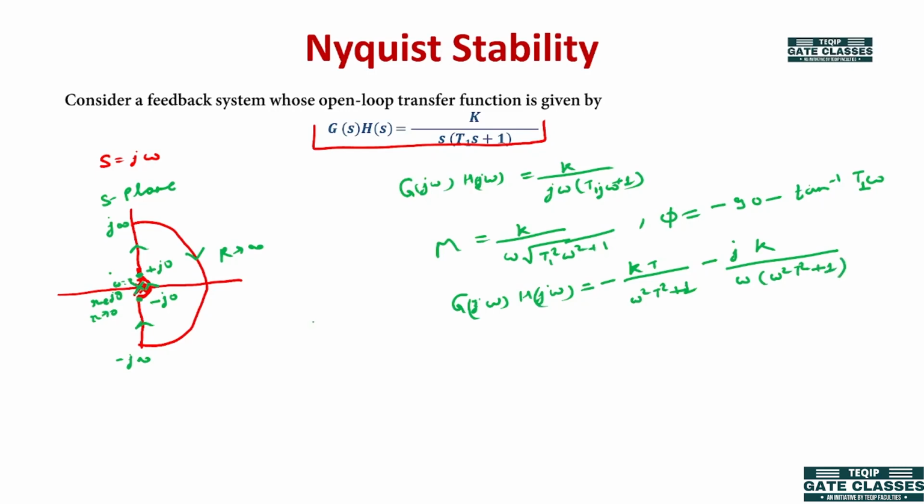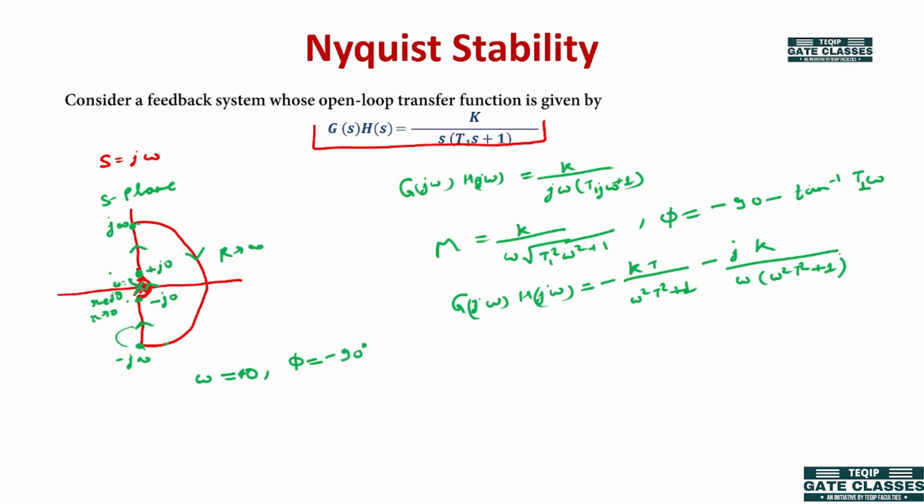Okay, so from these equations, we will take the points for ω equal to 0 plus, and so on. For ω tends to 0 plus, phi is equal to minus 90 degree.